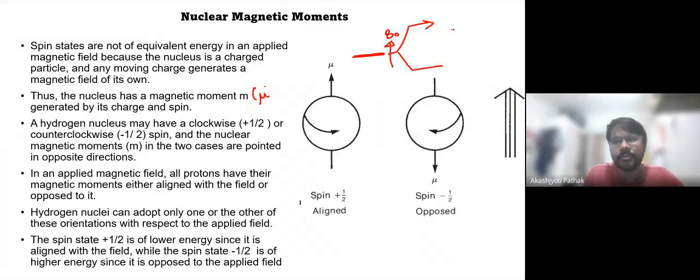Just now we saw that the spin angular momentum can have two values, a plus half value and a minus half value. The plus half value will point the magnetic moment in one direction, and the negative value will point in the opposite direction.